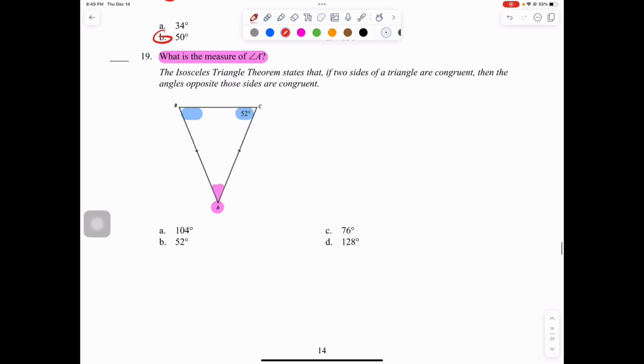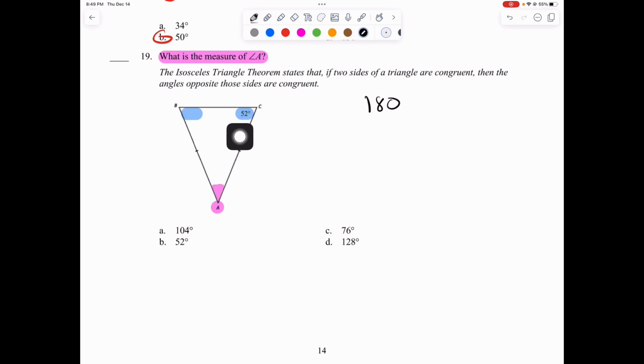Okay, again, isosceles triangles. We have two sides that are congruent, and the two angles on the base are congruent as well. That's why I did the blue and the blue. Now, we do know that the three interior angles of a triangle total 180. Now, if we're solving for A here, it's giving us C, but B is the same as C. Finkel is Einhorn.